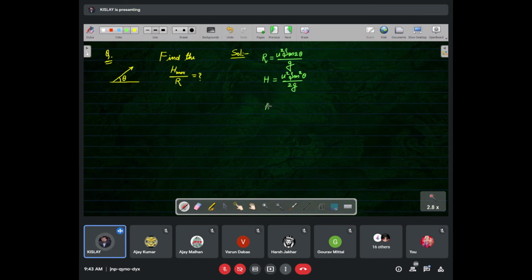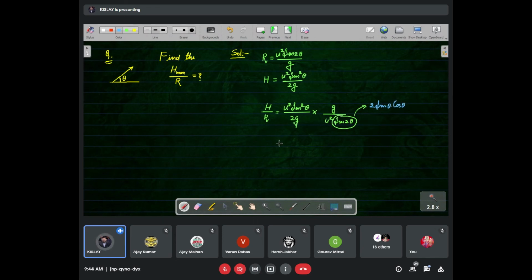This is H upon R is equal to, just we have to divide u square sine square theta divided by 2g multiplied by g upon u square sine 2 theta. See, this sine 2 theta can be written as 2 sine theta into cos theta.